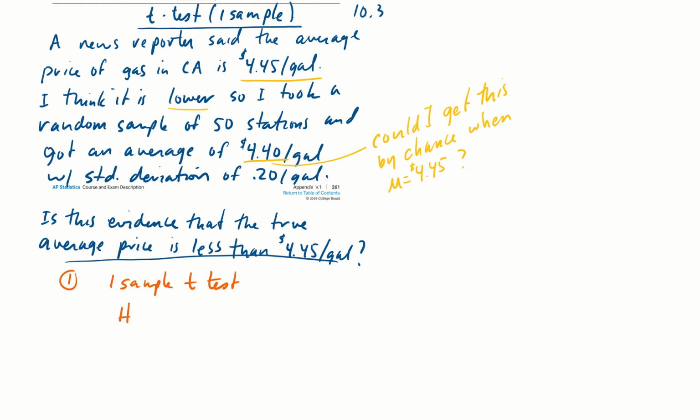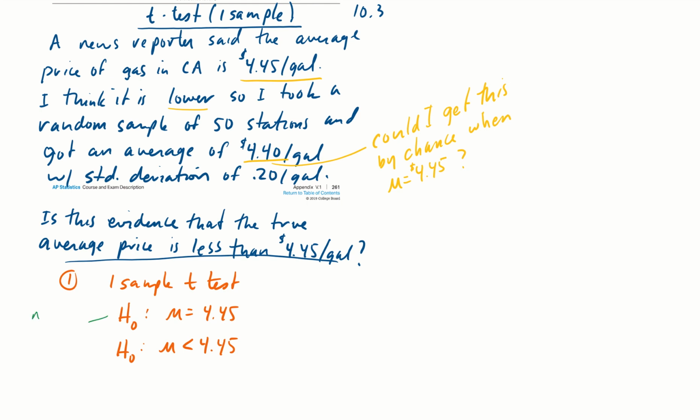And I'm going to assume H0, that's my null hypothesis. I'm going to assume that mu is equal to 4.45, and I want to show that mu is less than 4.45, or that's what I'm hoping to show. Let me just make a little note on the side here.